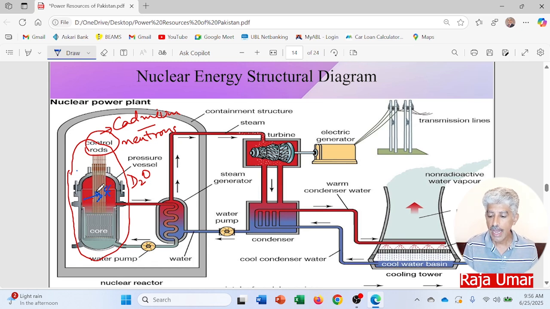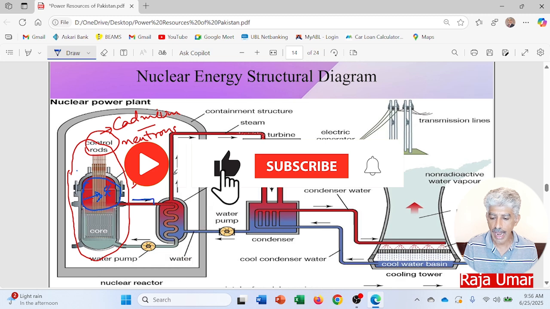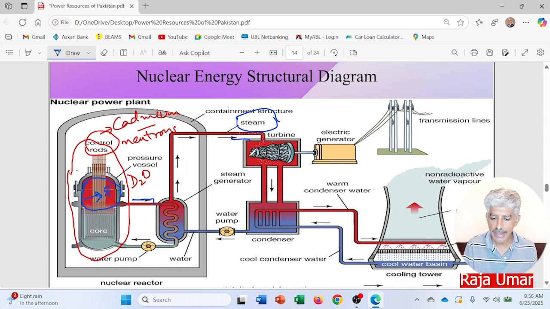So in this way, the whole of this chamber would get hot because of the heat energy released out of the process of breaking down of the uranium atom, and water would be heated up, and that hot water will come over here, and it will convert into steam, and that steam would move these turbines in this chamber.